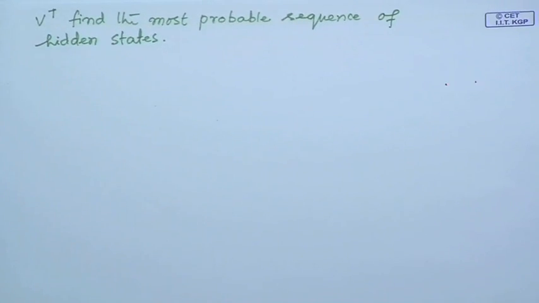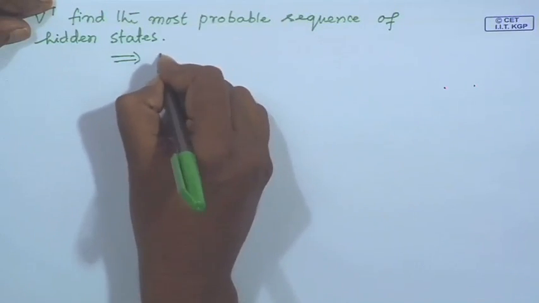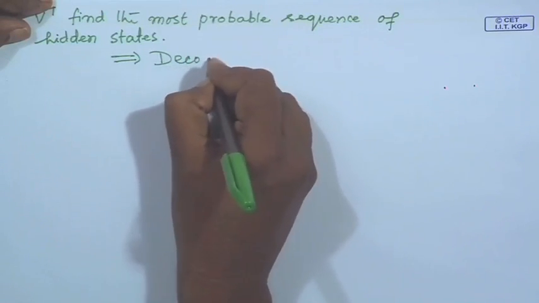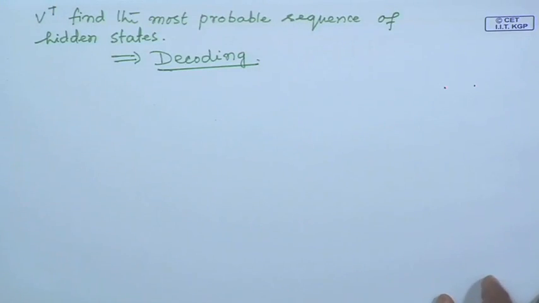Right. So, this was my decoding problem. That was the second issue in our hidden Markov model. And obviously, I can write an algorithm for doing this.